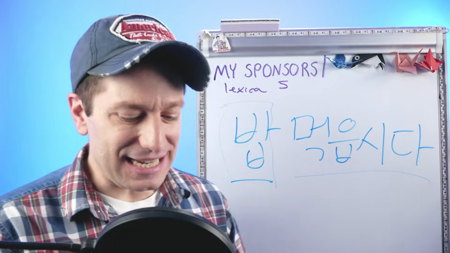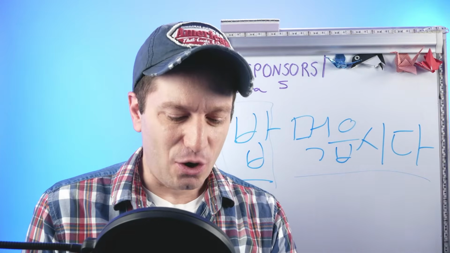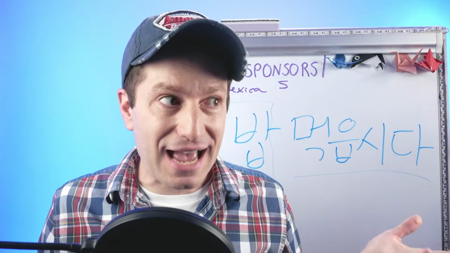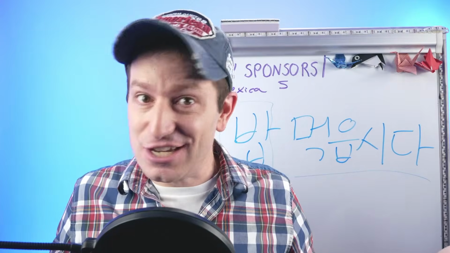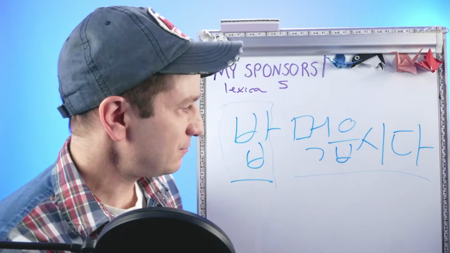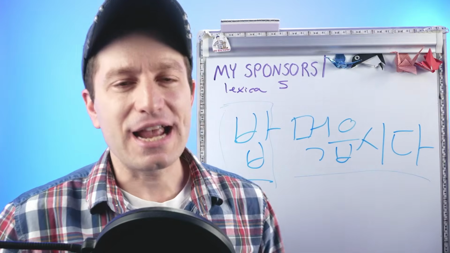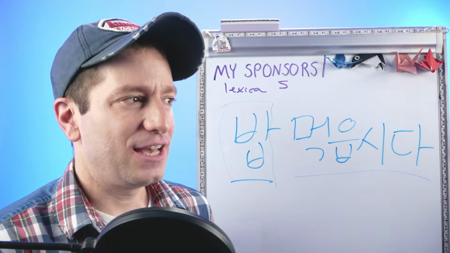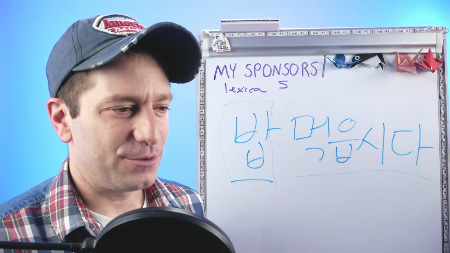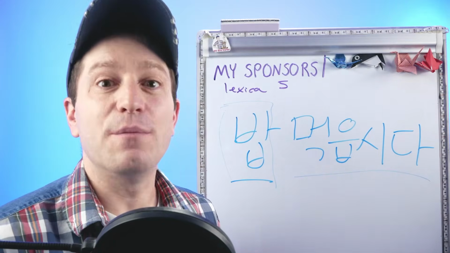So when they say eat rice, it's not like they say rice because rice is important in their culture. No, it's literally because they would be eating rice. And if they were poor in the past, that's all they would eat, just rice. They wouldn't have side dishes if they were poor. So the word rice is literal, and only kind of recently do we find it a little funny that they would say 밥 to refer to a meal.